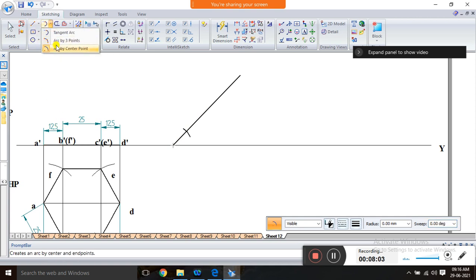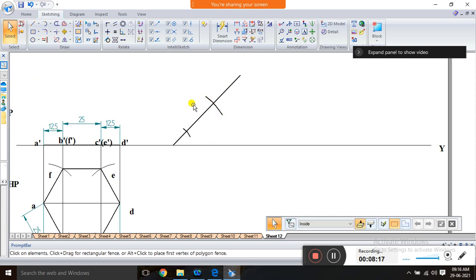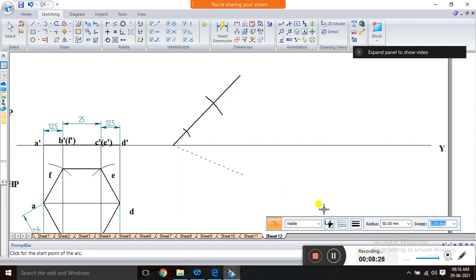Next, again same compass, place it at A dash and stretch up to C dash, and mark another arc. Clear? And finally again use the same compass, place at A dash, stretch up to D dash, and mark the radius here.